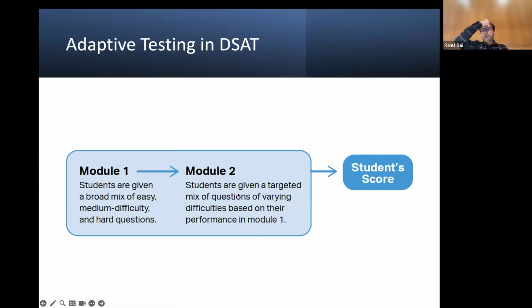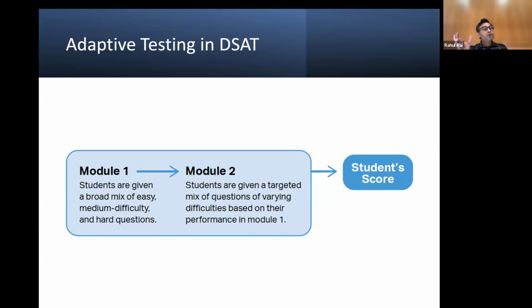Okay, so let's talk about what happens in adaptive testing in DSAT. You have primarily two sections. Math is one section, and then reading and writing, which basically focuses on comprehension and the reading and writing ability of the students, right? What you do is you are given a broad mix of easy, medium, and hard questions in module 1.